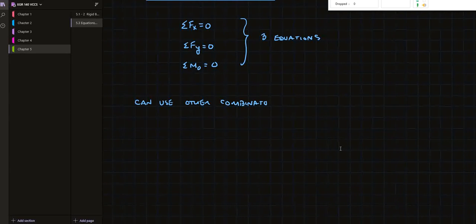For example, we could sum forces in the x direction equals 0, and then we could sum moments about a point A in our body equals 0, or even outside our body, we can sum moments about another point equals 0.